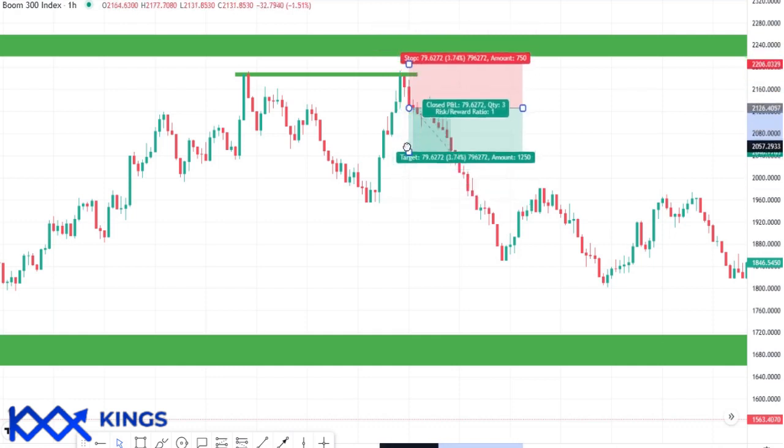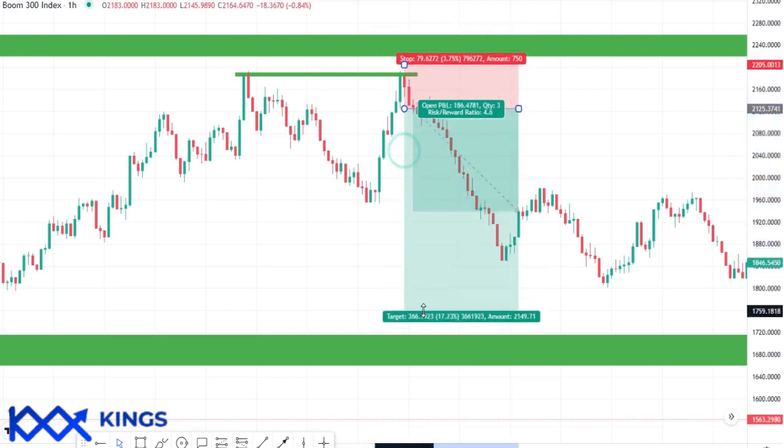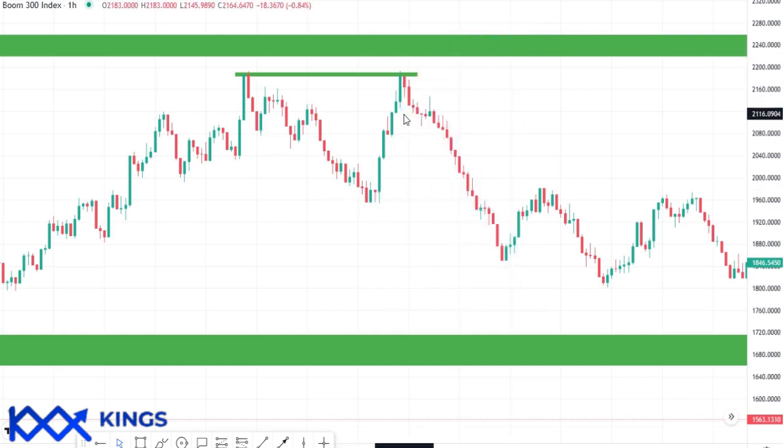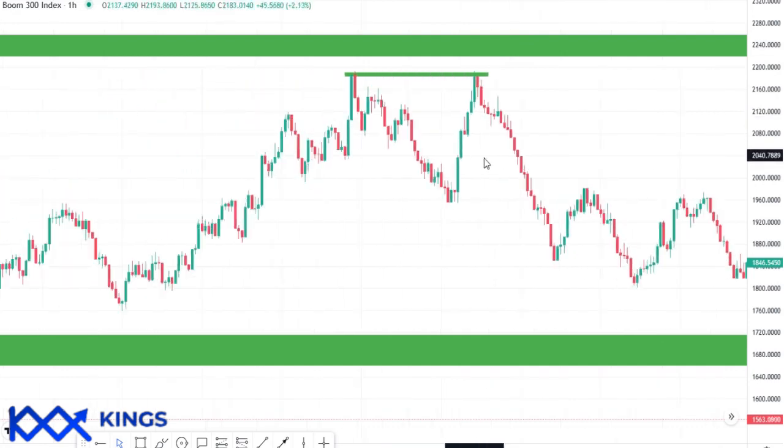Then there's another signal, something again that confirms this selling power, okay. There's something that confirms this selling power again, not just this double top, not just the resistance, not just the candlestick. There's another thing that confirms this selling power, and I'm going to share this in the next video, guys. So this is it, guys.